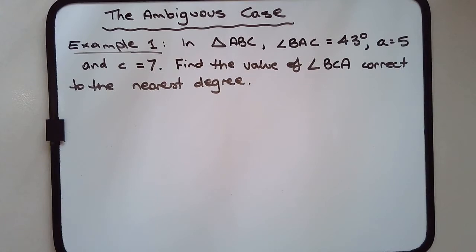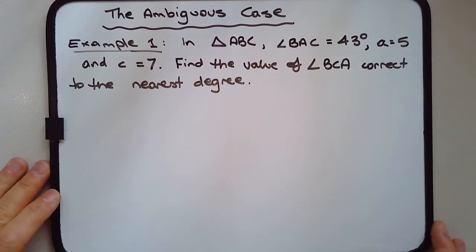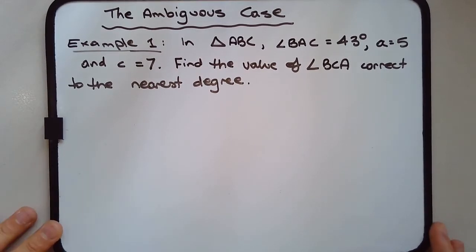So it is possible that it could be one of two answers, and it's important that you do state both of those answers, to say, well, we're not told acute or obtuse. Let's just give both answers. But we need to test both answers to make sure that both answers are in fact valid. In fact, the acute answer will be valid, but the obtuse answer may or may not be valid. We don't know, but we'll do a test to make sure of that.